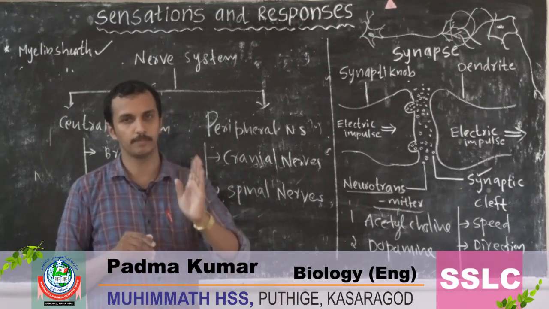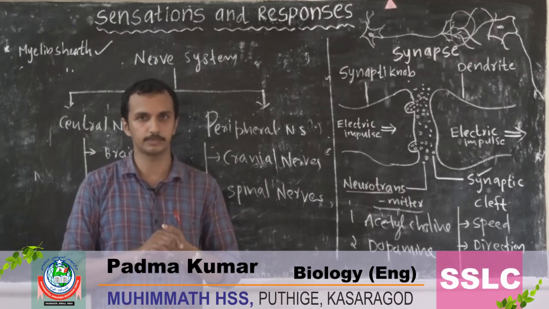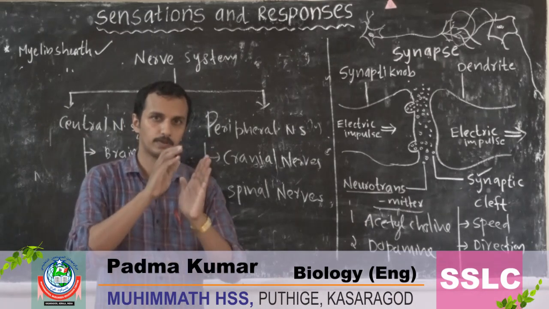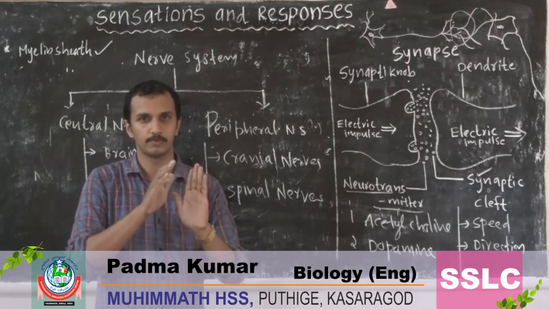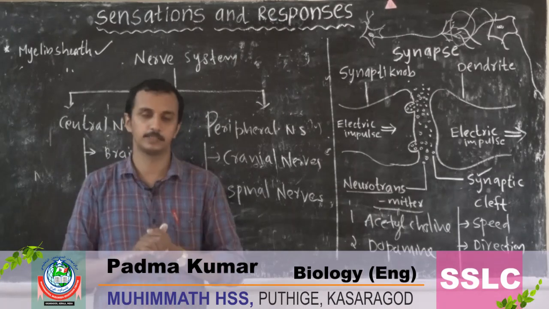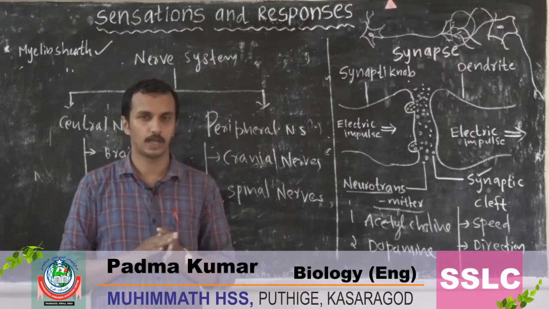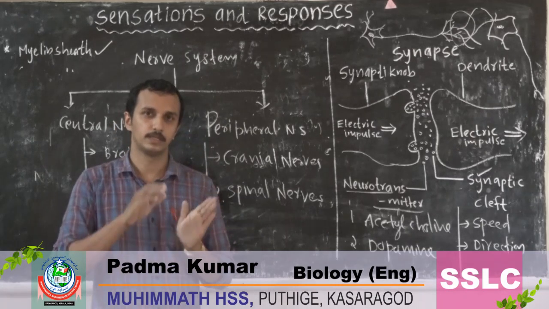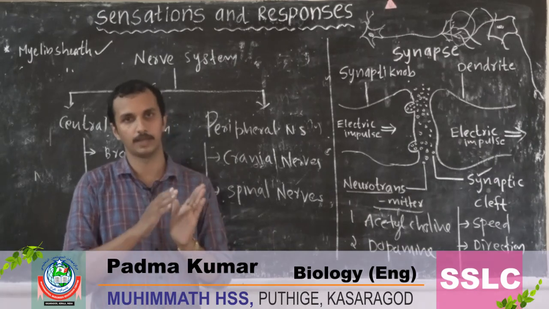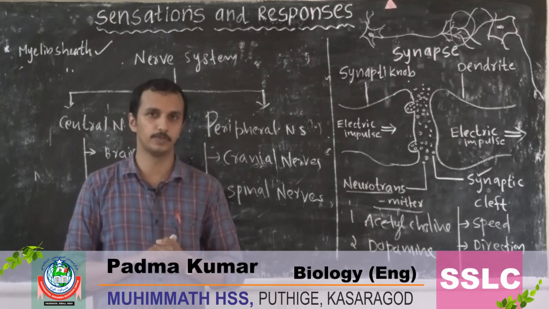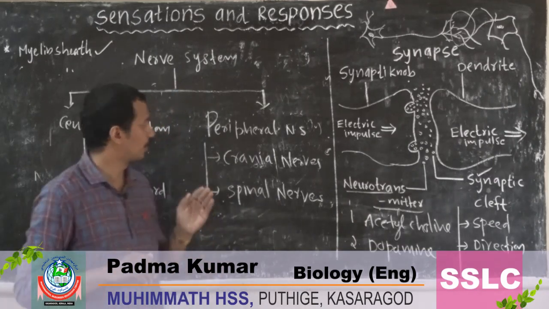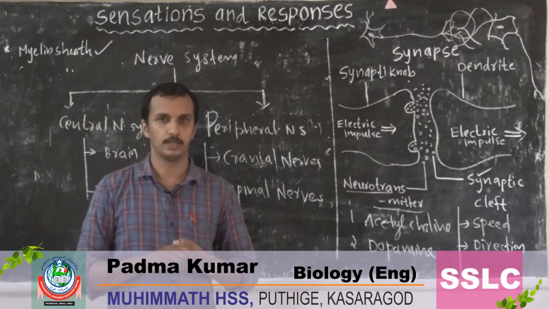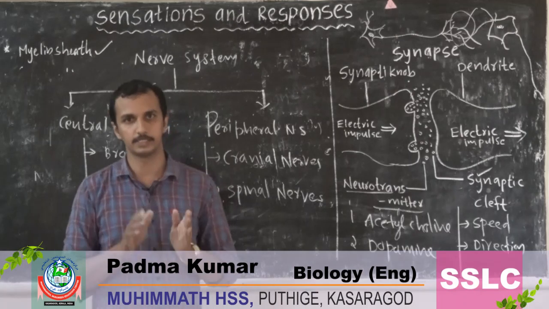Next you have to draw picture of synapse. Then prepare a short note, what is synapse, what are the functions performed by them. After that you have to prepare a table showing classification of nerves and what are the functions performed by them, and finally draw this chart, that is classification of our nerve system. So that is about today's class.